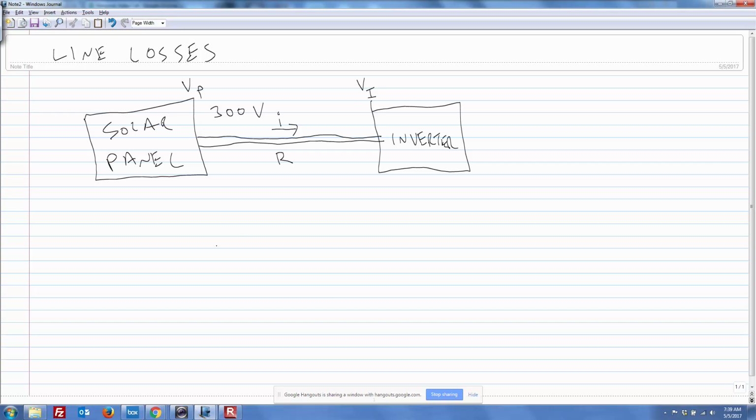So we know first of all that the voltage at the panel will be greater than the voltage at the inverter because of the resistance, because of the line losses. So if we remember Ohm's law, we know that V equals IR.